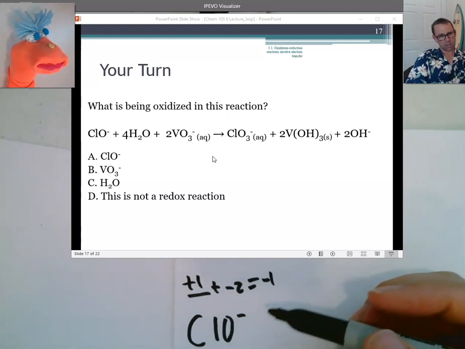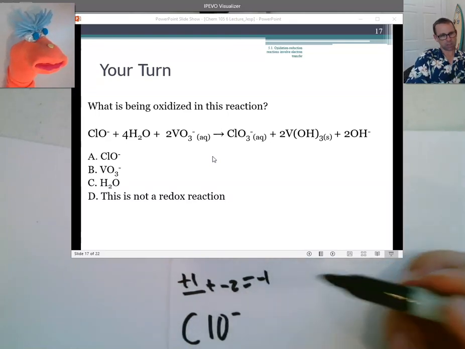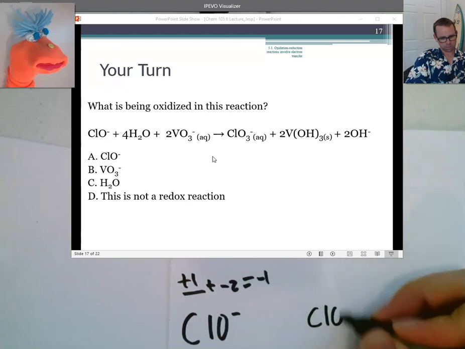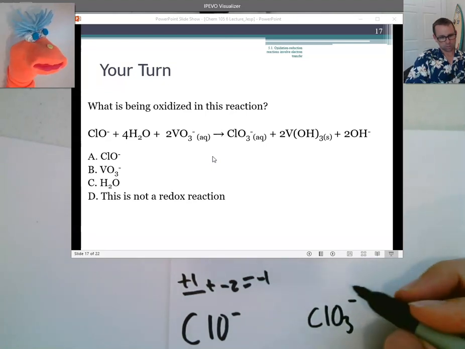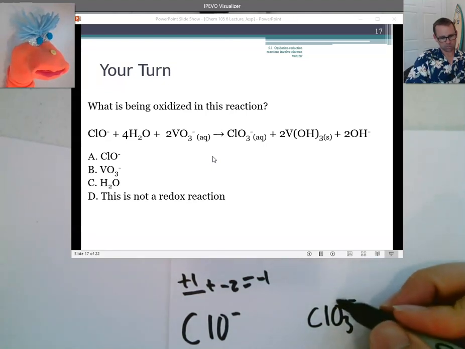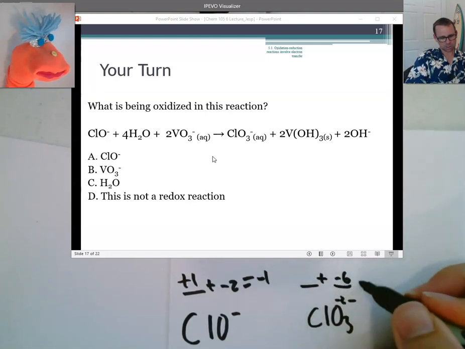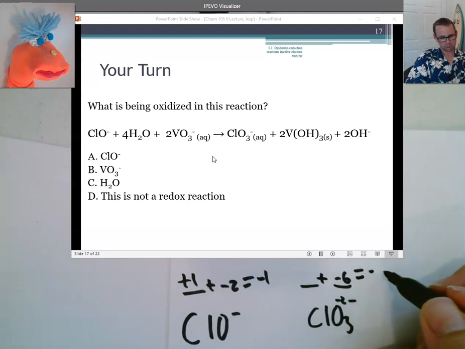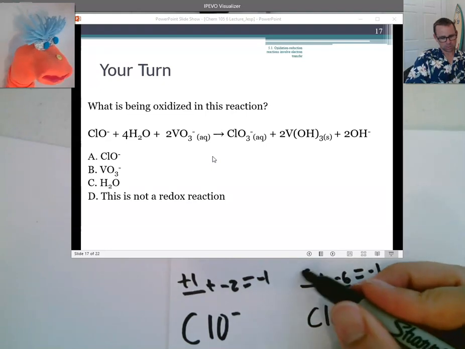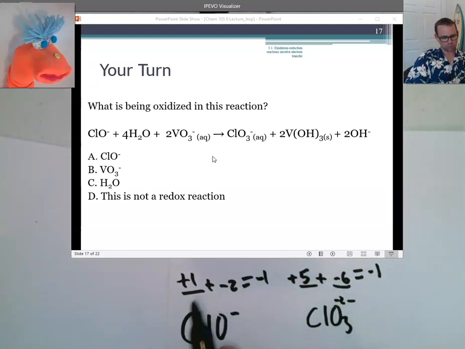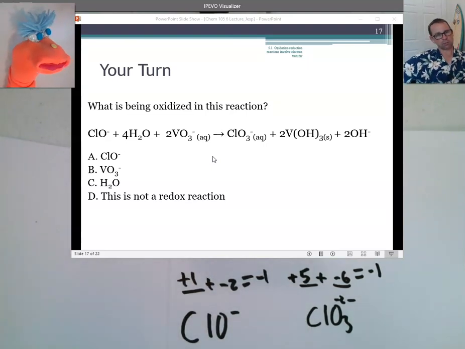Yeah. And then we can look over here, ClO3-. Same thing, but oxygen -2 contributes to -6. That plus the -6 equals -1 again. So this time it's a +5. So chlorine went from a +1 to a +5.